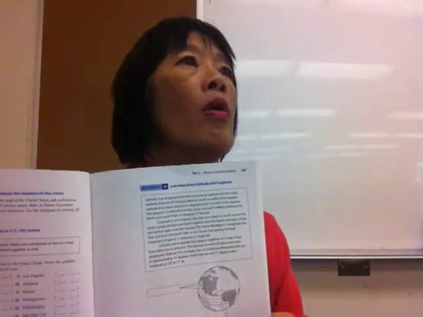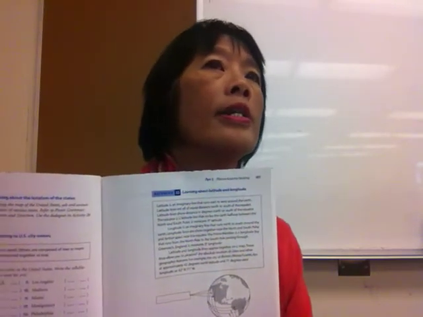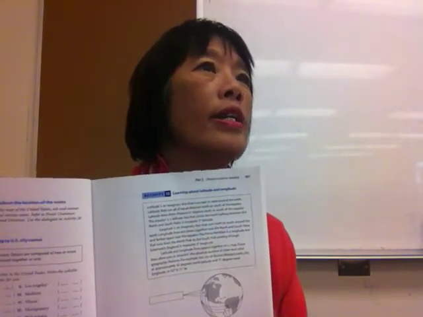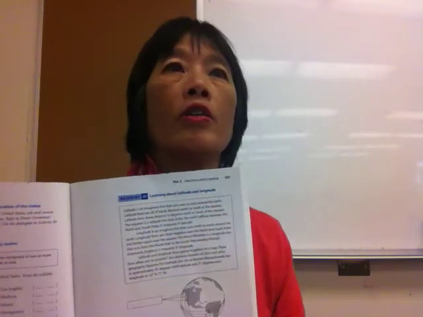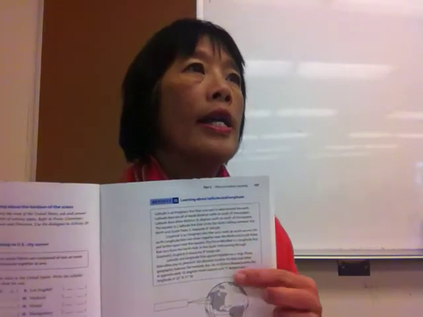The South Pole is also 90 degrees. This is called 90 degrees south latitude at the South Pole, and 90 degrees north latitude at the North Pole.